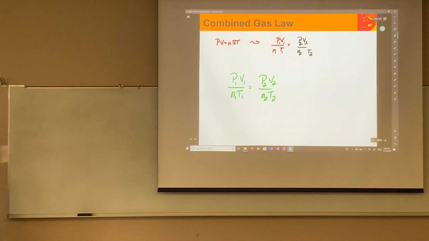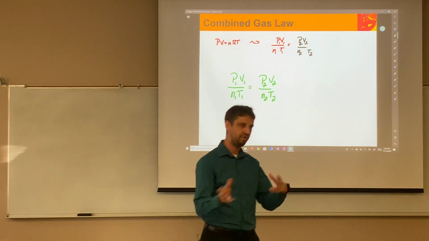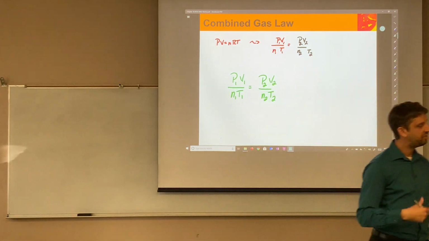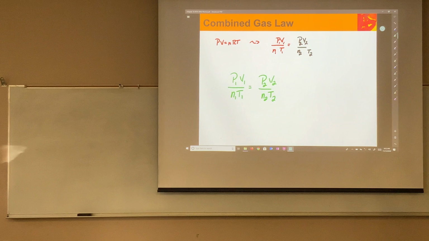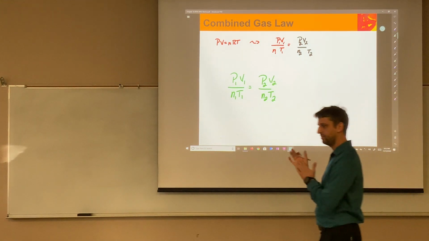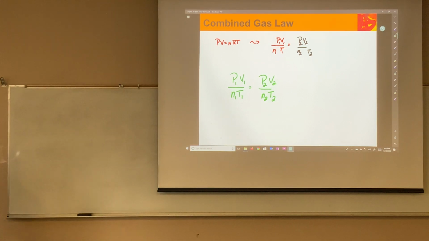So this is our overarching equation that'll control as we change things. All we have to figure out is what is held constant and what changes, and we just plug it into this equation here. Good? Okay, I've talked for a long time.